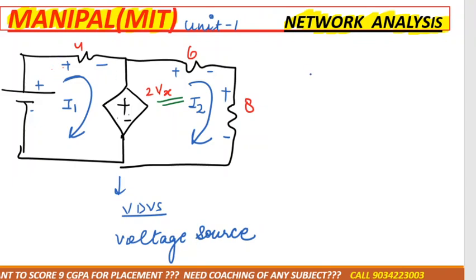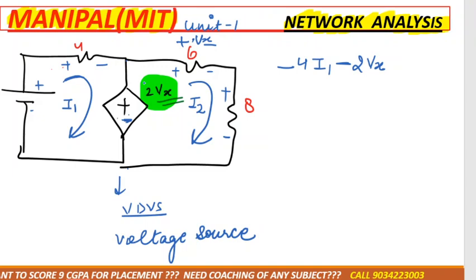So the equation of this mesh would be -4I1, right? Then from here to here, what second sign is coming? Second sign is negative, so we will take negative. And whatever the value of the voltage source is, we will write it as it is. Okay, so what is its value? Its value is -2Vx. So minus, second sign, the value of the voltage source is Vx, correct? And Vx they have marked here.